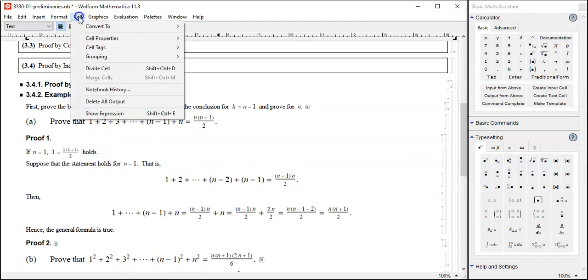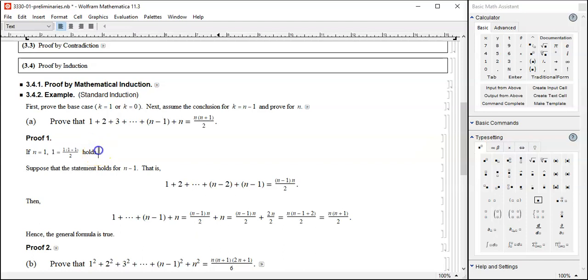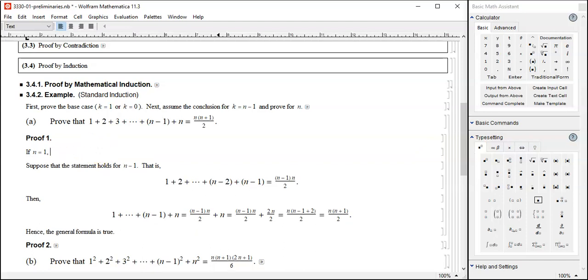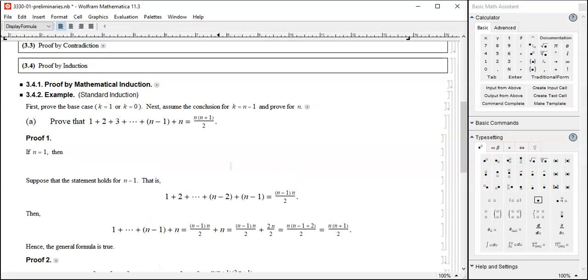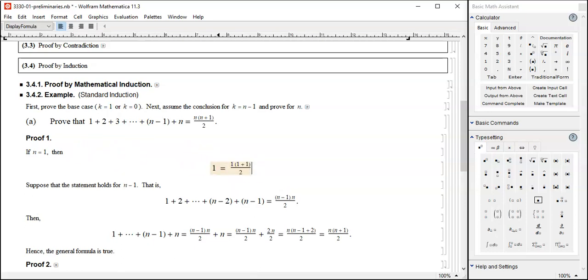When n equals 1, what do we get? 1 is equal to 1 times 1 plus 1 over 2. That's true. We have 1 is equal to 2 over 2. So base case, done.